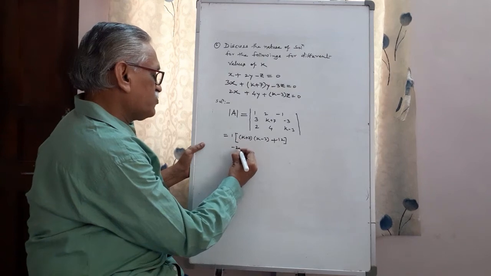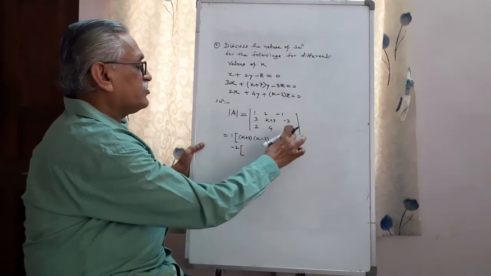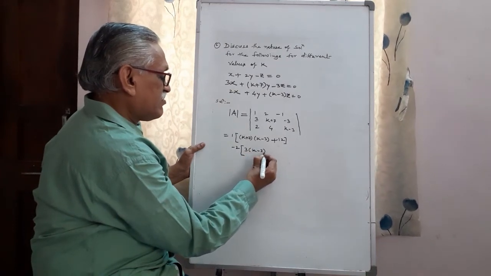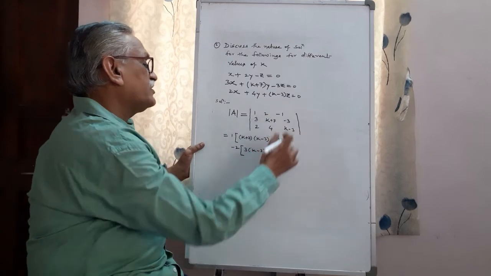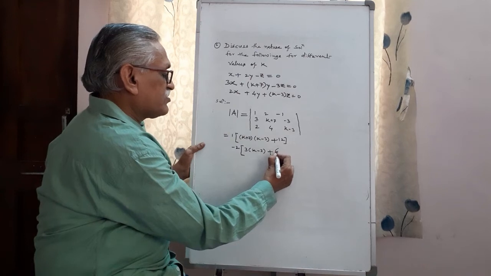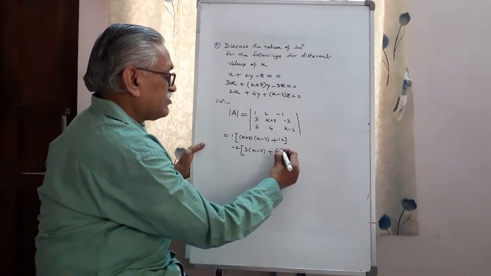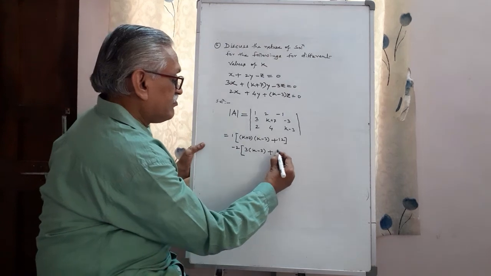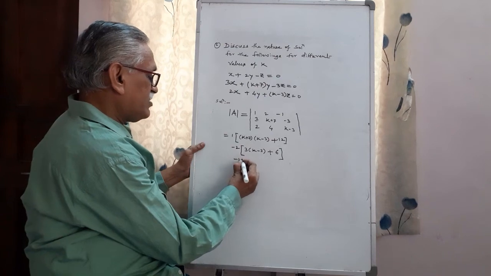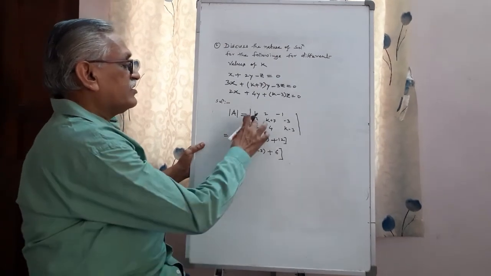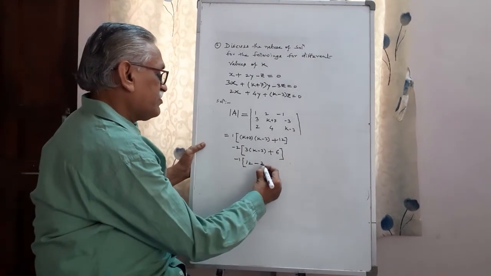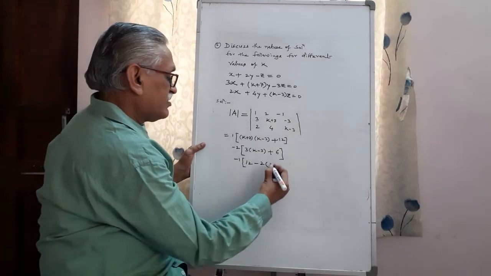Then second one is minus 2, 3 into (k minus 3) minus, and minus again becomes plus, 3 twos are 6, and then minus 1, this product 4 threes are 12, minus 2 times (k plus 7).